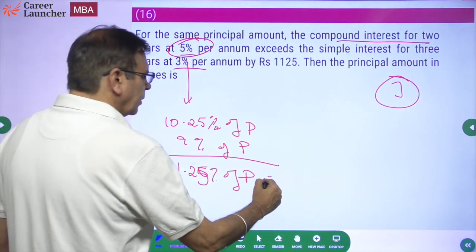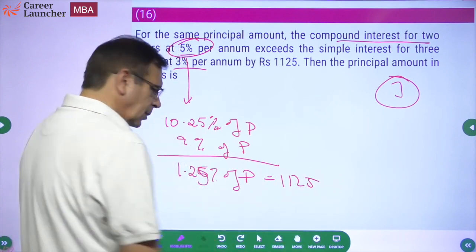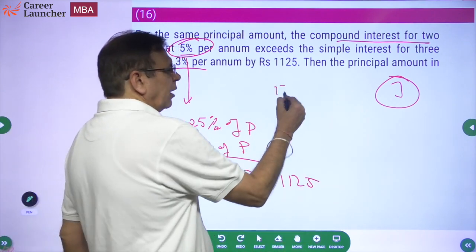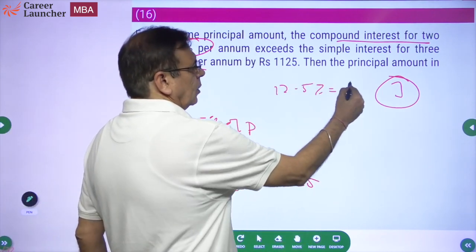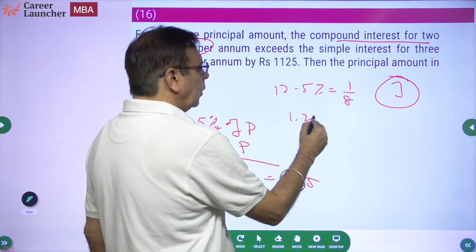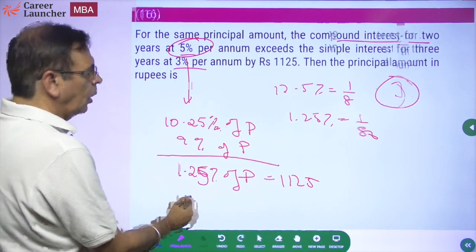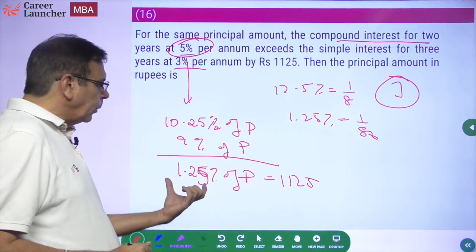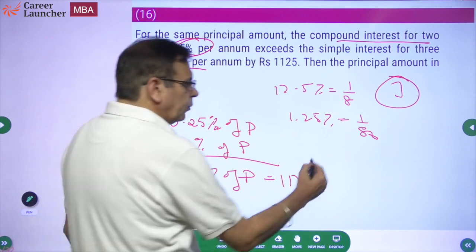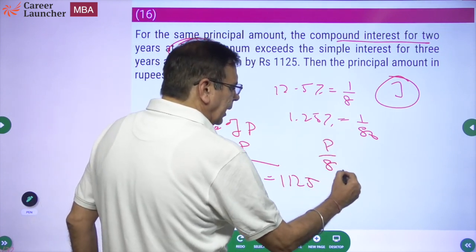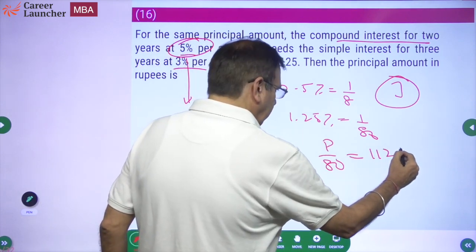What is this equal to? 1125. ठीक है? What is 12.5% by the way? 1 by 8 na? So can I say 1.25% should be 1 by 80? So what this tells me is principal 1.25% is nothing but 1 by 80. So principal by 80 should be 1125.